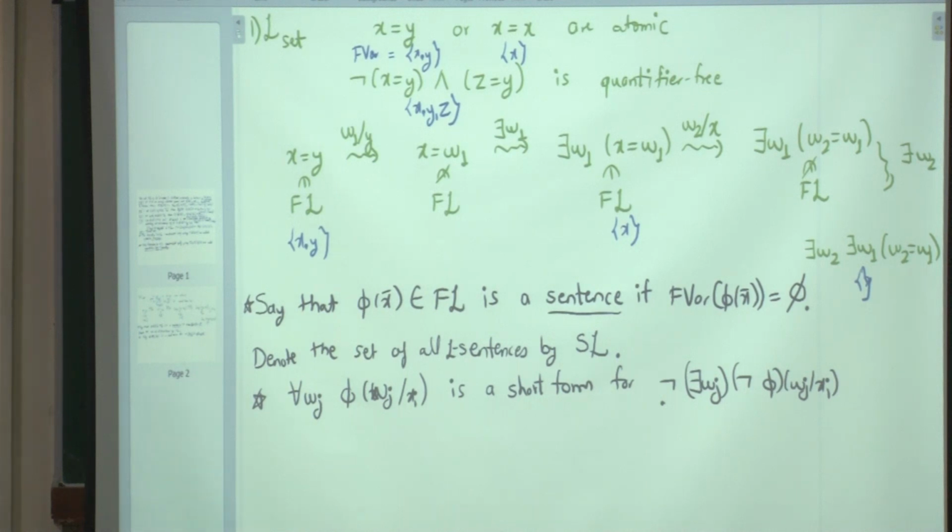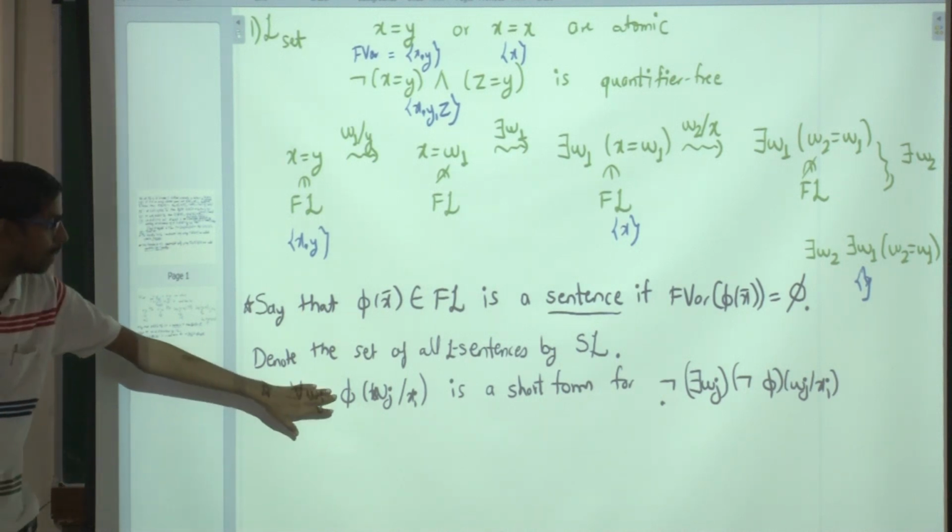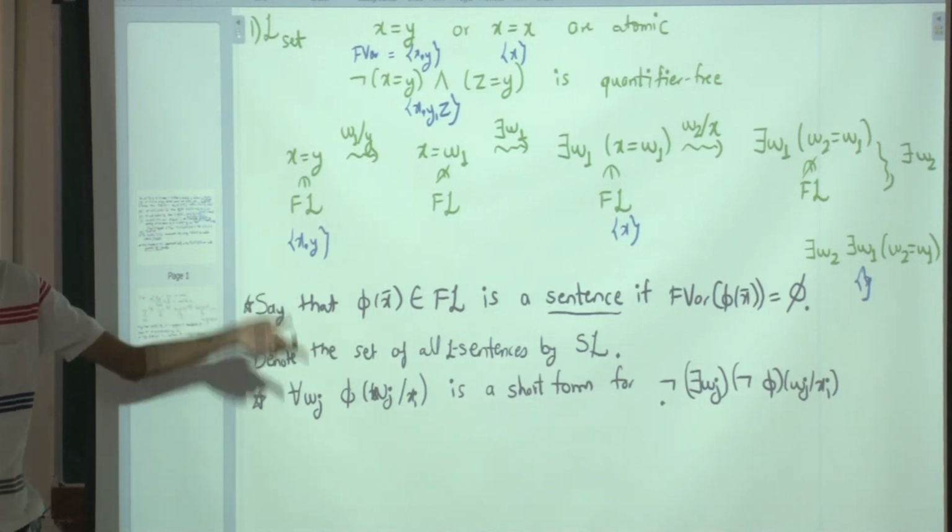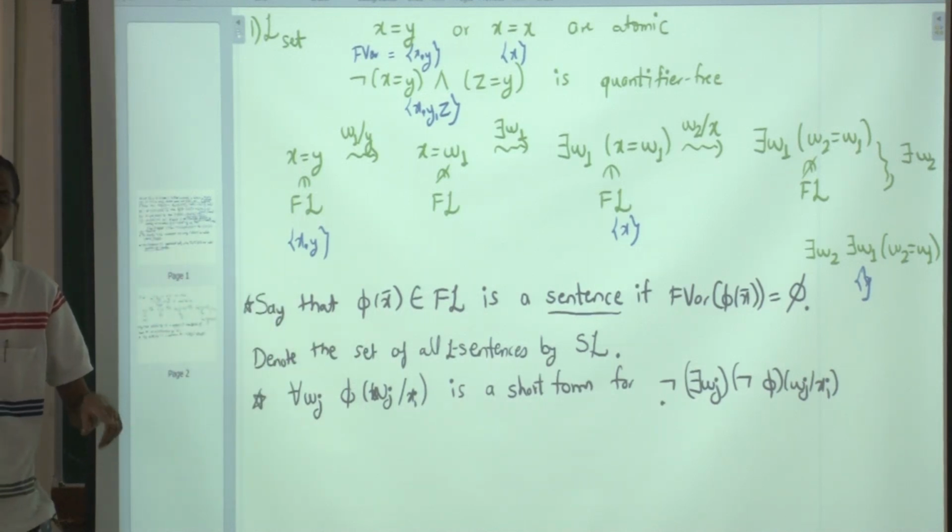Right? So that's why we are writing for all as a replacement for negation, there exists negation. But please do not write negation, there exists negation. After there exists, there should be a bound variable. Yeah? Okay.